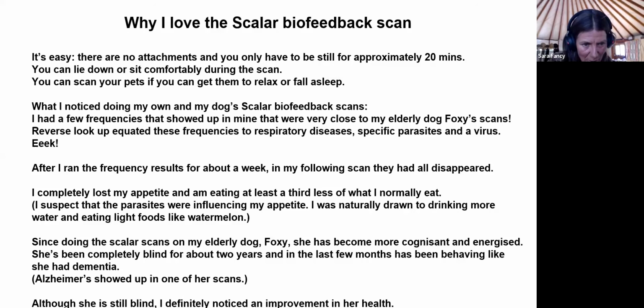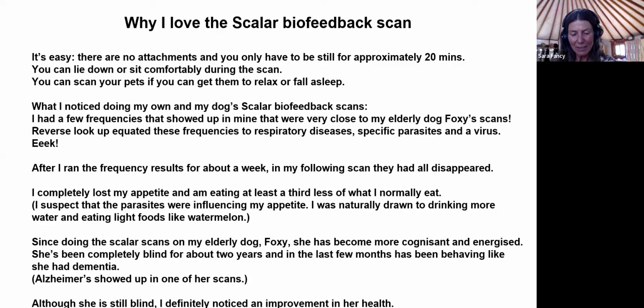So I just want to say something about the reverse lookup. It's not a diagnostic tool. Say the frequency 1,000 comes up, right? There's a whole list of ailments associated with that frequency. Okay. And you might not have any of them.